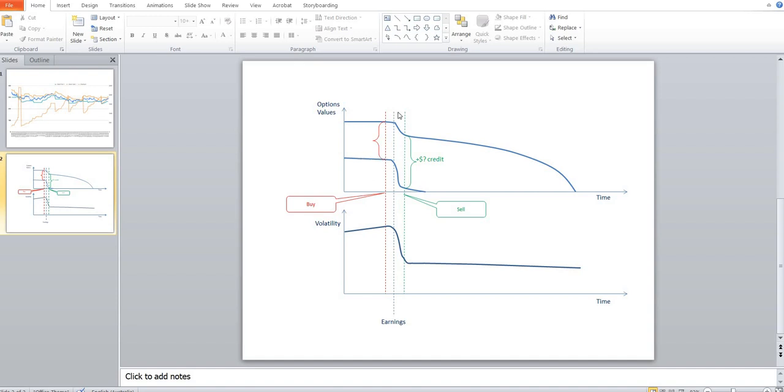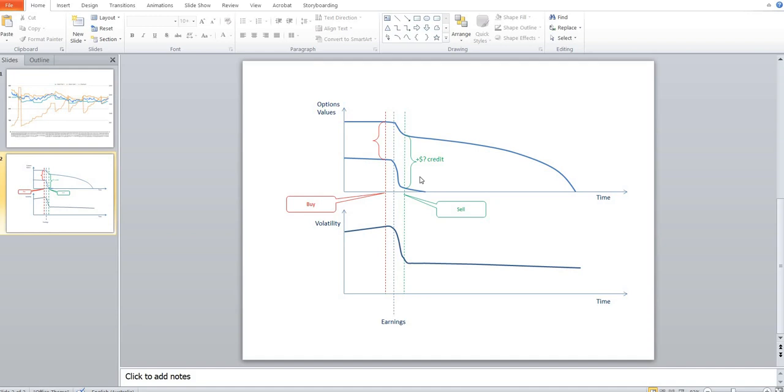What I was hoping for is that this line over here indicates the earnings. After the earnings, the volatility always drops. And I was hoping that my short position is going to lose most of its value because it will expire tomorrow, and my long position will lose only a fraction of its value.